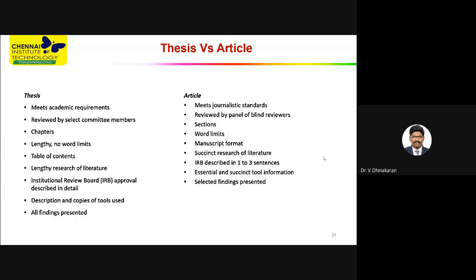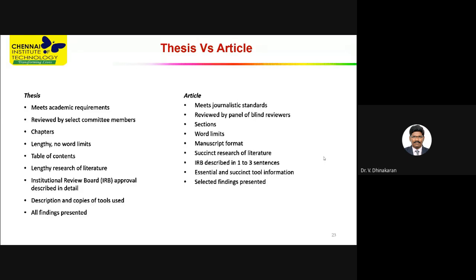In a thesis you have to follow the guidelines given by the university; in an article you have to follow the author guidelines given by the journal. A thesis will contain chapters, and an article will contain different sections.